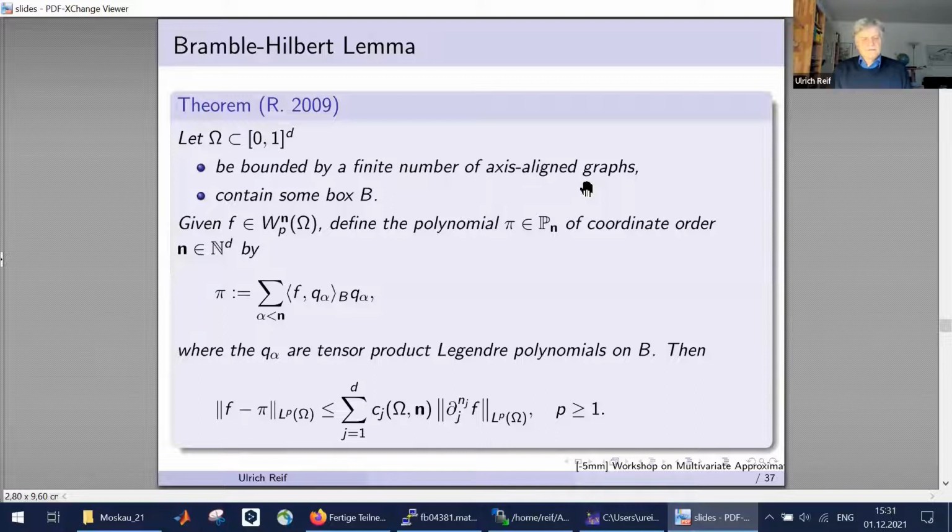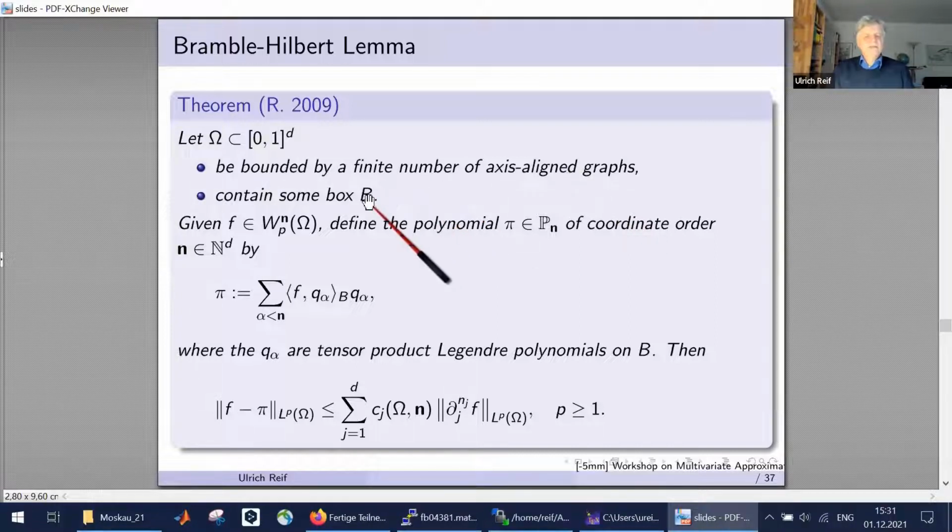Okay, here is a theorem I found a couple of years ago. Here, the boundary of our domain omega consists of a finite number of axis-aligned graphs. So we have graphs over the x-axis and graphs over the y-axis in the bivariate setting. And it's not necessary that these graphs are Lipschitz or something. They have to be bounded, this is all, or continuous, this is all.